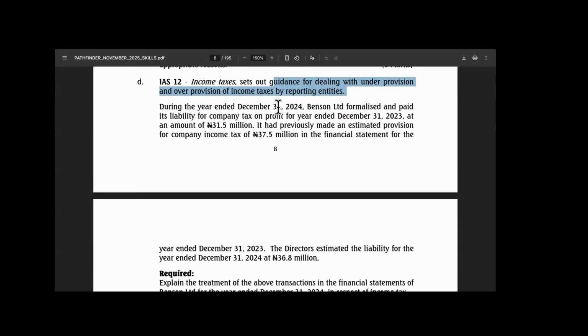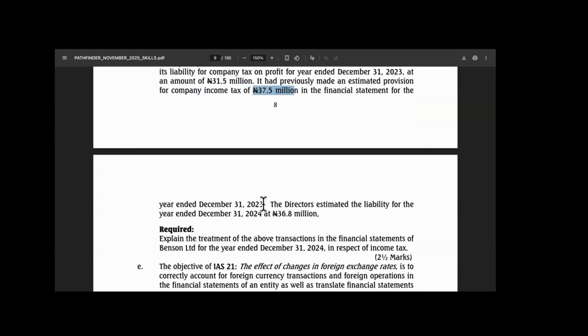It says during the year ended December 31st, 2024, Benson Limited formalized and paid its liabilities for company tax on profit for the year ended December 2023 at 31.5 million. It had previously made an estimated provision of company income tax of 37.5 million in the financial statements for the year ended 2023. The director estimated the liability for the year ended.